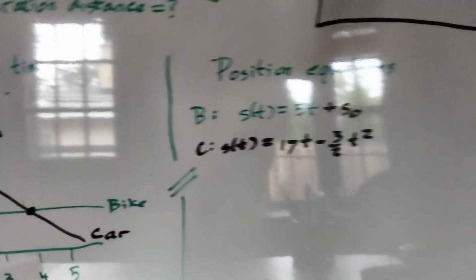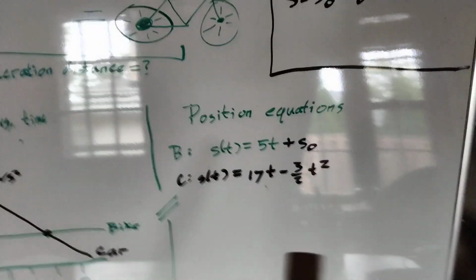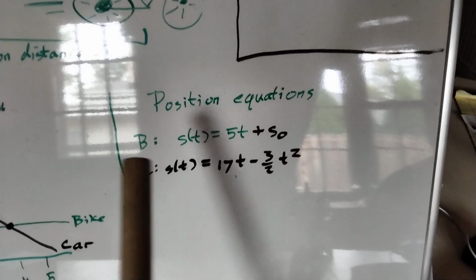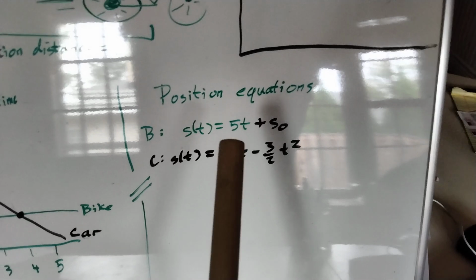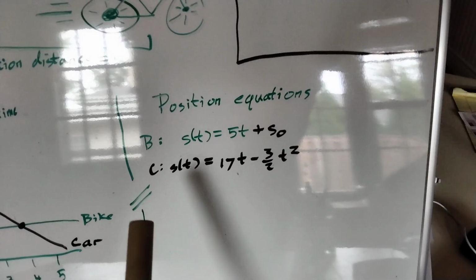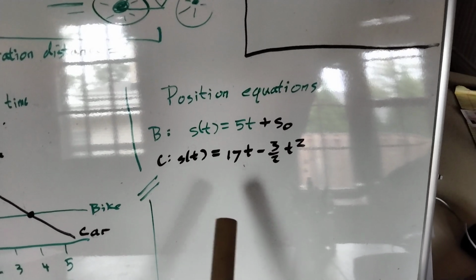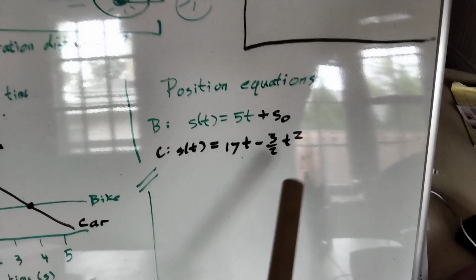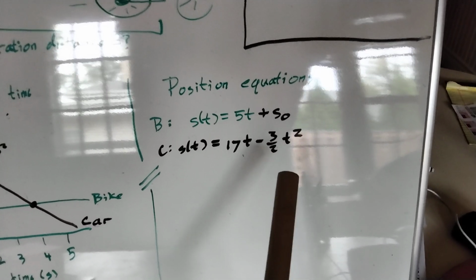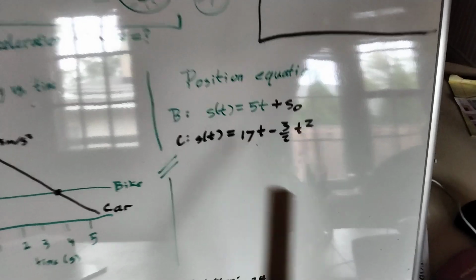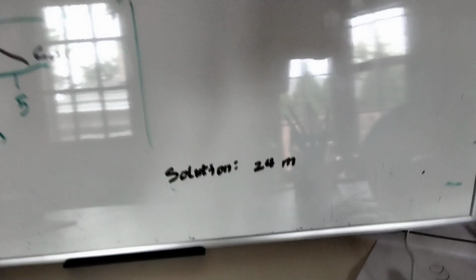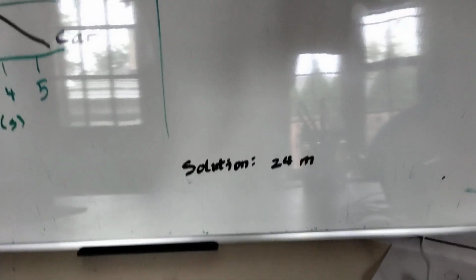Just to show you what this setup would look like, we have the bike's position as a function of time, 5t plus s naught, and the car's position as a function, where s naught is 0 for the car, minus the deceleration, plus the velocity. And the final solution will be 24 meters.